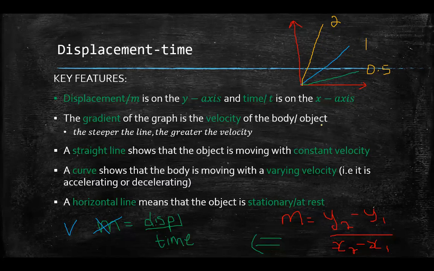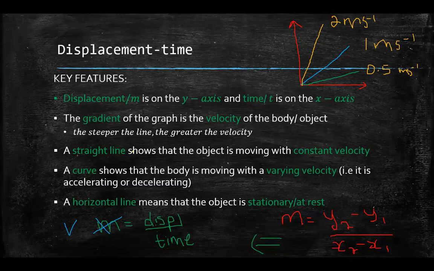Because the gradient of my displacement-time graph is velocity, that means that the steeper the line, the greater the velocity. So let's just say this represents my velocity: 0.5 meters per second. That's my velocity for this line. But if I calculate the velocity for this line, I end up getting 1 meter per second. And then for this one, 2 meters per second. So as you can see, the steeper the line, let's just say the closer it is to the y-axis, the greater the velocity.